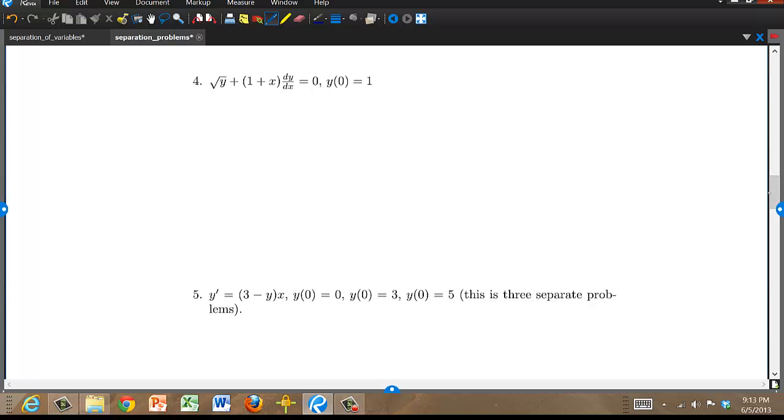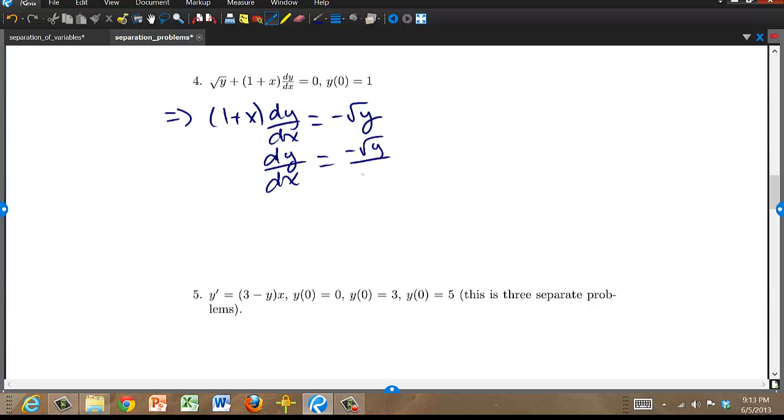All right, let's continue going here. Again, we need to put this in standard form first. 1 plus x times dy/dx needs to be negative root y, and then dy/dx needs to be negative root y over 1 plus x.